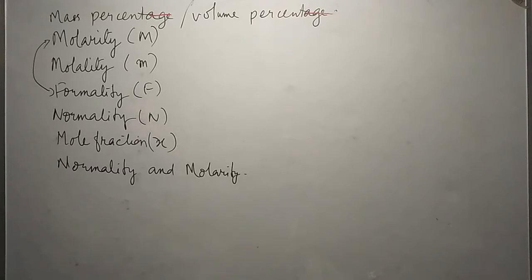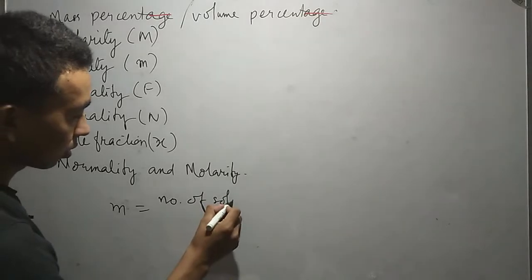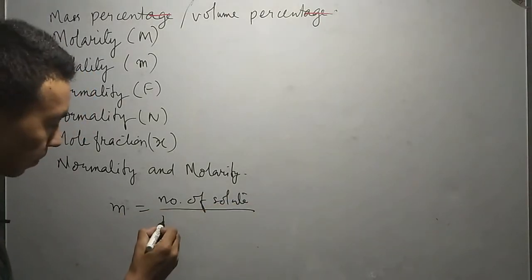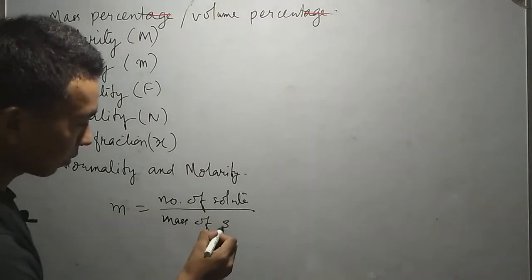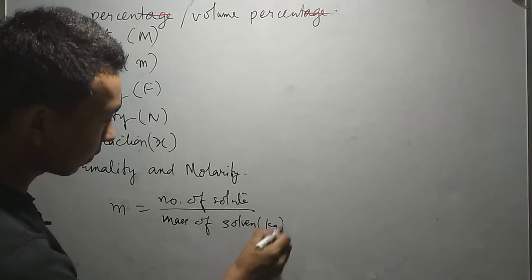Now molality of a solution is defined as the number of moles of solute per kg of the solvent. We represent it by small m, which is equal to number of moles of solute divided by mass of solvent, which is in terms of kg.